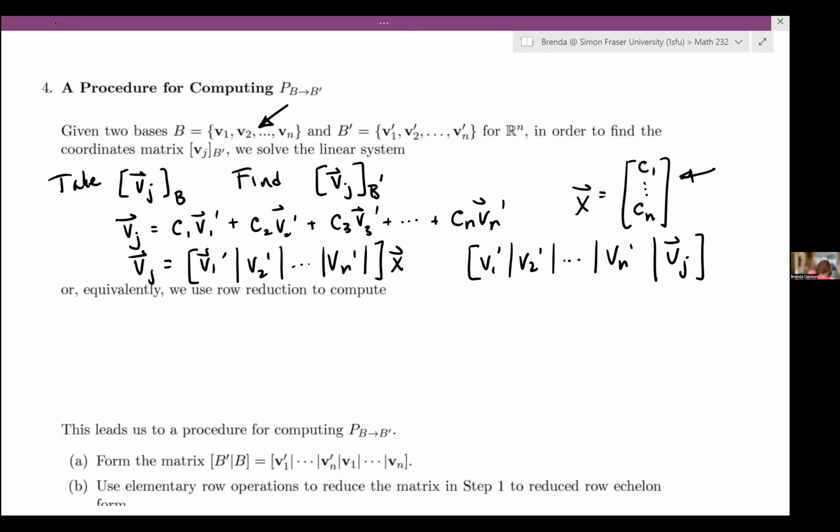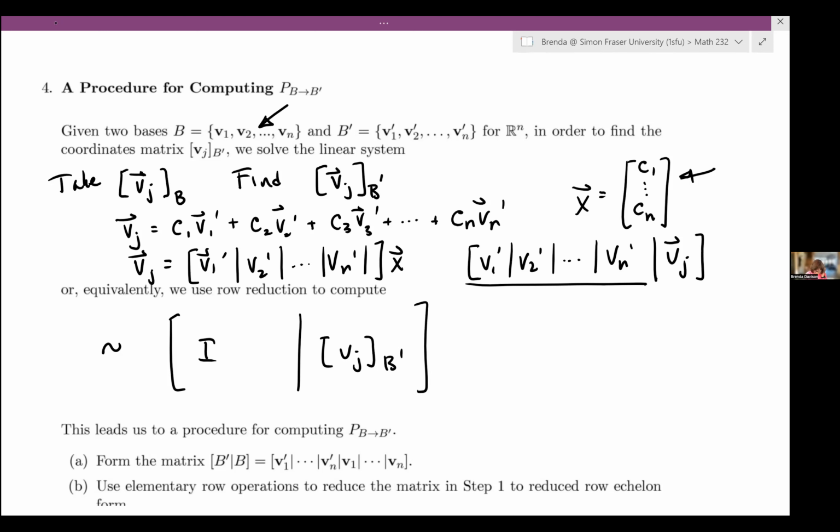We use row reduction on this matrix until we have the identity matrix on the other side, and we then have Vj with respect to B prime over here.